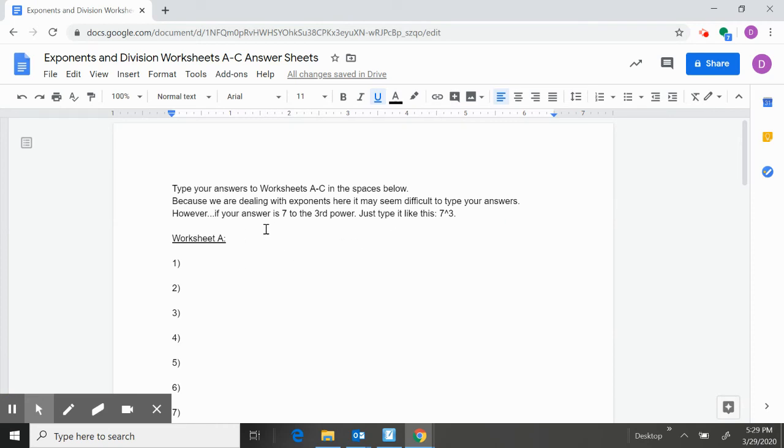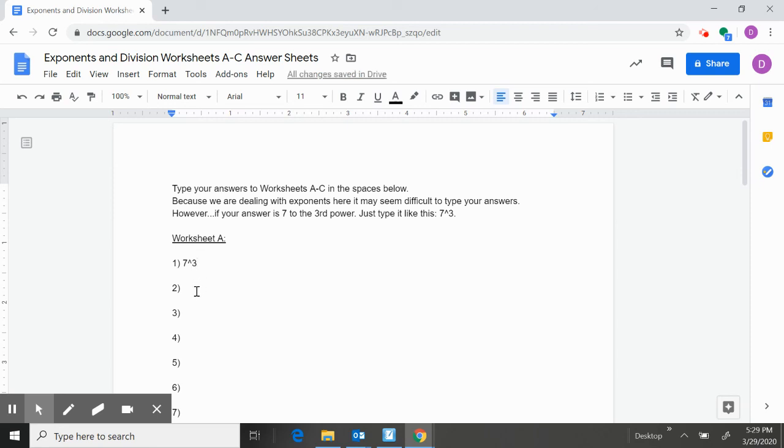So I give you a hint up here. If my answer is 7 to the third power, just type in 7, that little up arrow, 3, and you'll see that it's, at least on my keyboard here, which I can't show you, above the 6. So when I put my answer in, I would just type 7, exponent, 3. So 7 to the third power.